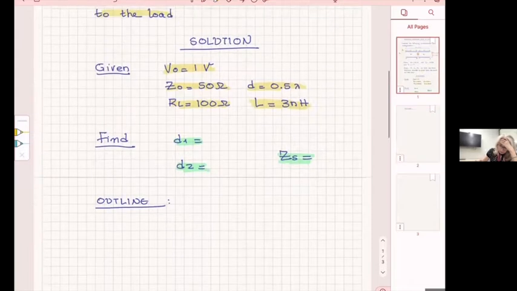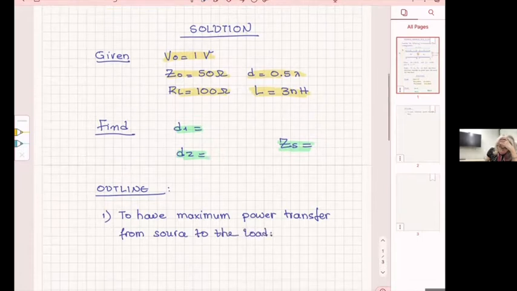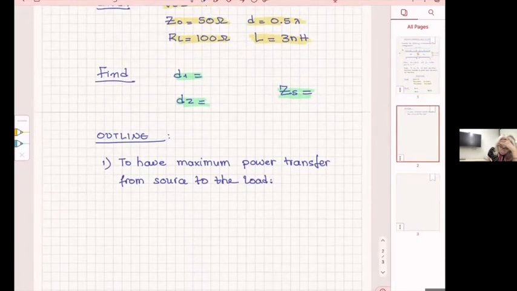Okay. So number one, to have maximum power transfer from source to the load, we have to have the following things happening.